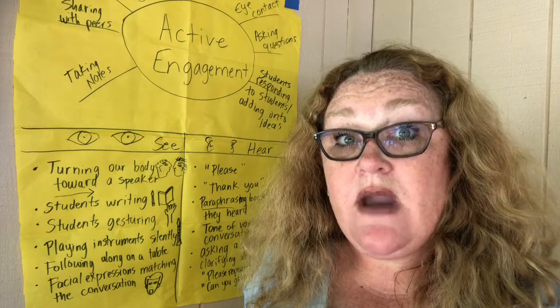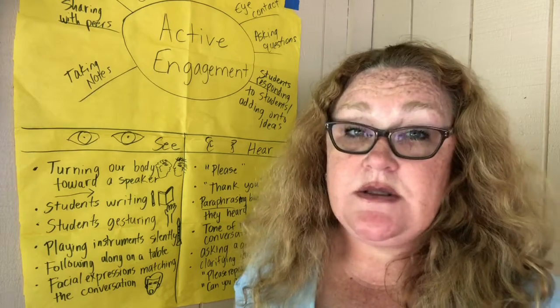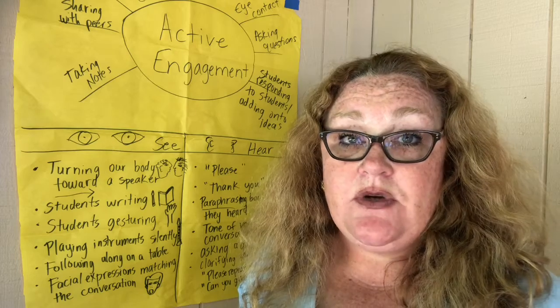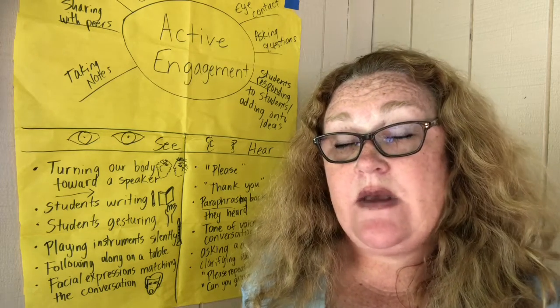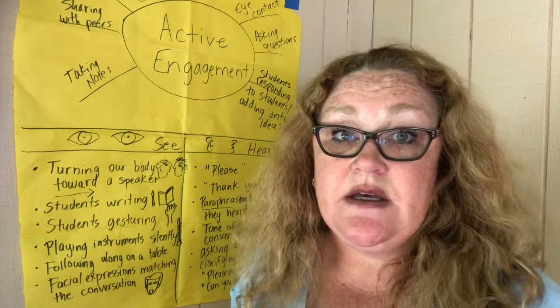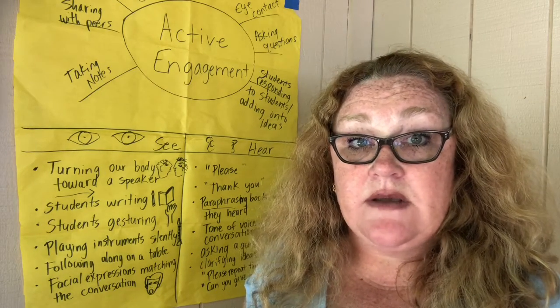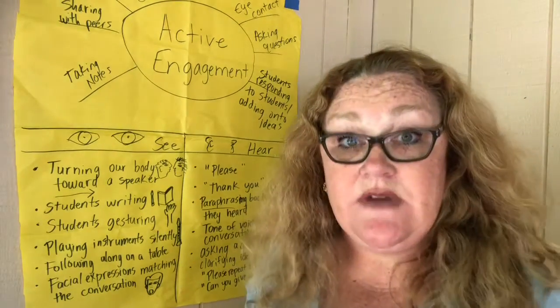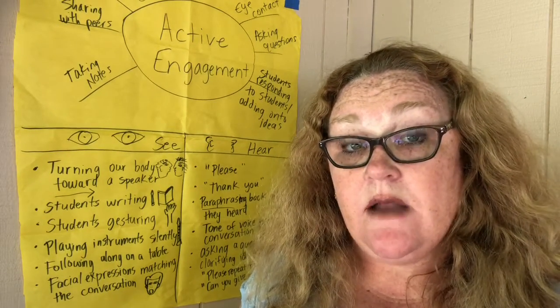And because we generated the ideas with students, students are more likely to find meaning in this chart and be able to interpret it in a way that is helpful to them and helps them to build on their social skills and really focus on practicing these concrete ways of showing active engagement, or whatever social skill we're working on.